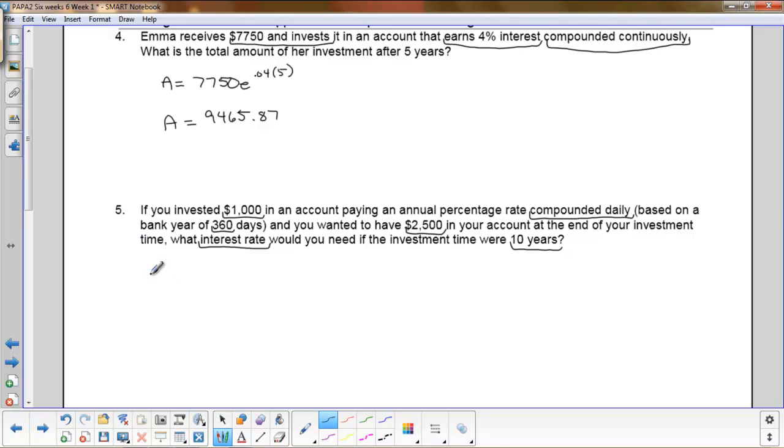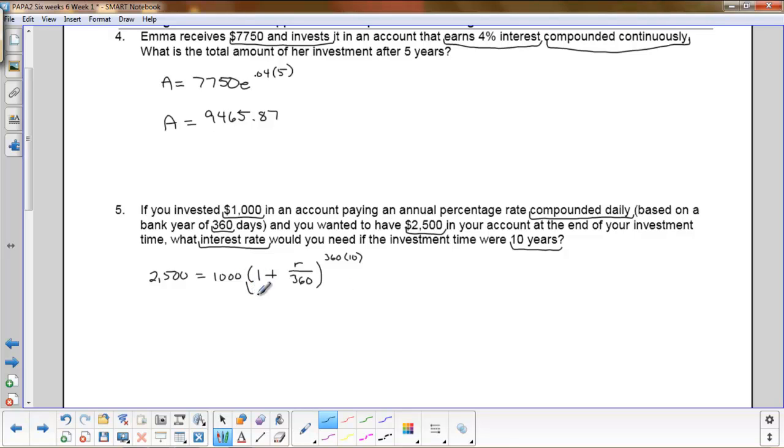We're going to start with $2,500 equals $1,000 times 1 plus, remember that's your constant inside of the compound interest formula, the rate, which is unknown, over 360, raised to 360 times 10.